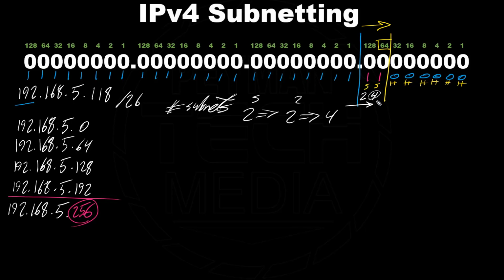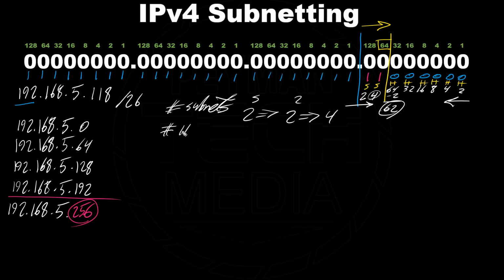And the number of hosts, we can count right to left, starting with 2, 4, 8, 16, 32, 64, minus 2, 62. So we will have 62 available IP addresses per subnet. We will have 4 subnets, each subnet 62 available IP addresses. Let's talk about this formula.